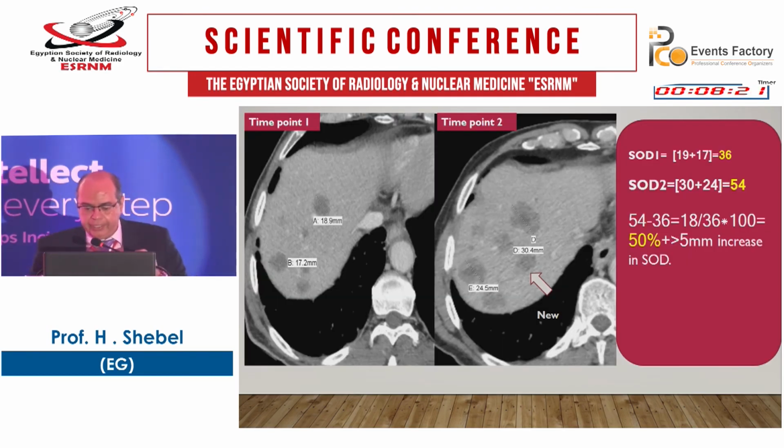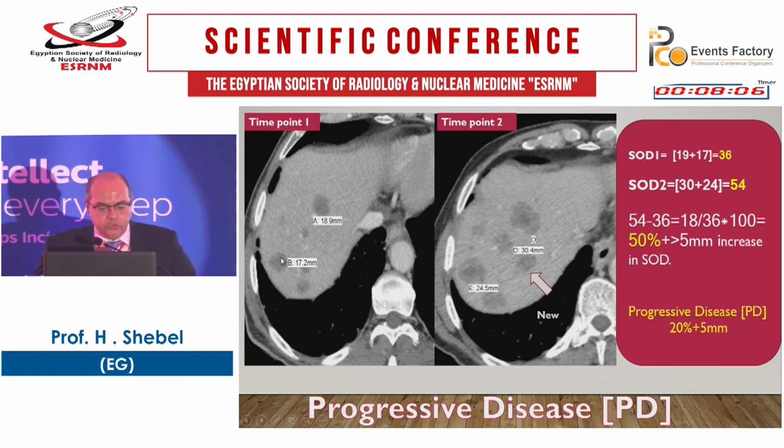So if we take a live example to know how we can follow these cases. This is time point 1, or basal study. We have different lesions here, but I have selected these two lesions, one 17.2, we can say 17, and 19 millimeters.